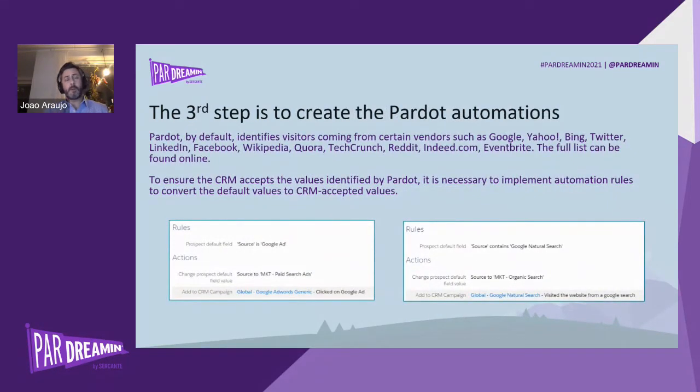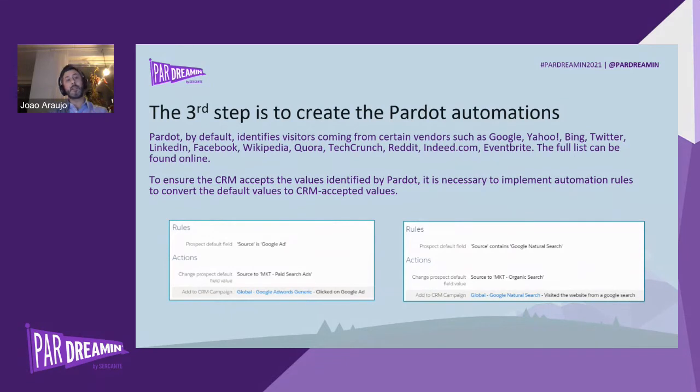Now, third step, you need to create some automations. By default, Pardot identifies some lead sources, so things such as Google, Yahoo, Bing, Twitter, and others. You can find the full list online. It finds these leads, and it marks the lead source for these leads in the prospect field.